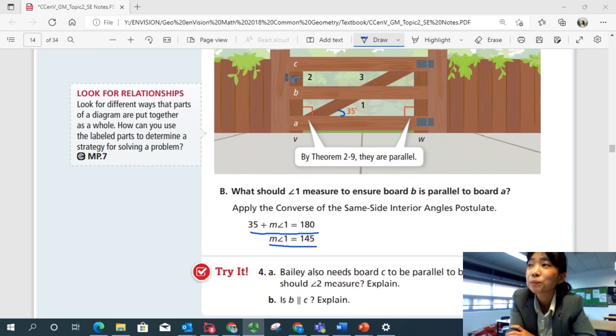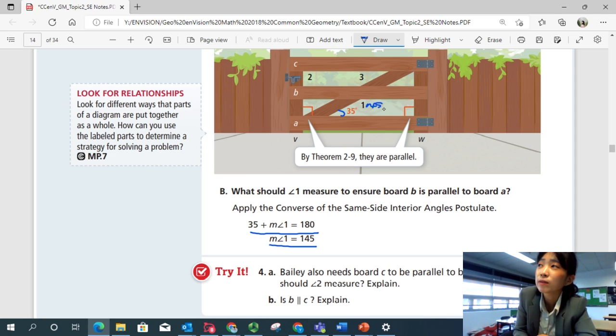Okay, are you ready? So she needs board C to be parallel, and knowing that angle 1 is 145 from the previous example, right? What does angle 2 have to be in order to be parallel to board A? So we're not thinking about B, so just look at this angle. We have a 35 degrees angle on this angle.